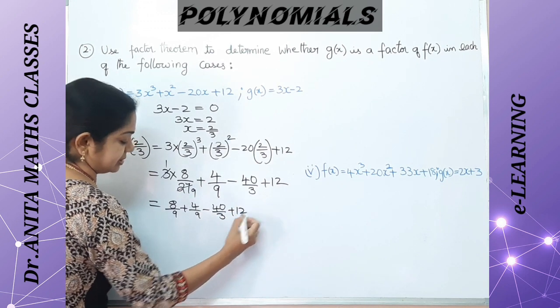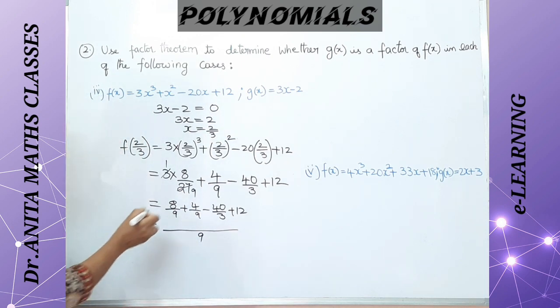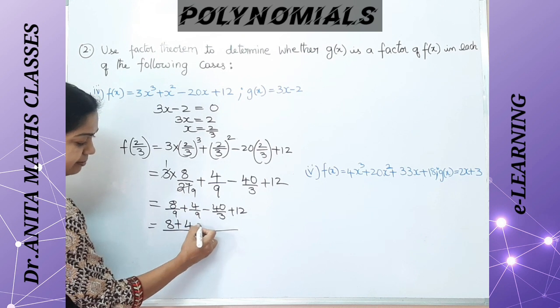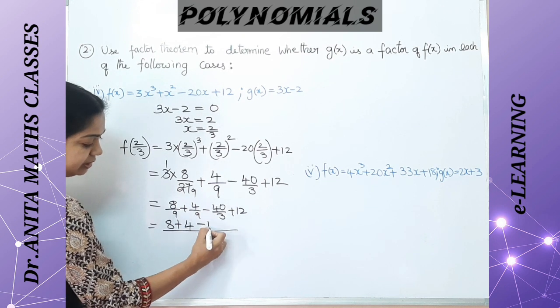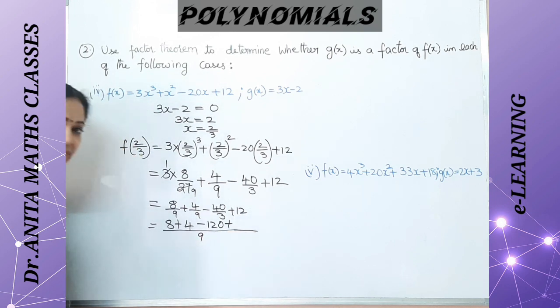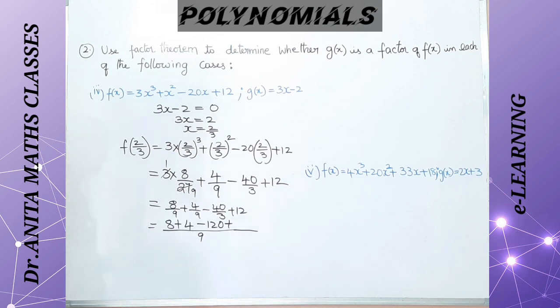We can take LCM, isn't it? We can take LCM as 9. So 8 here plus 4 here minus 3 threes are 120 here, plus 12 nines. When you are taking LCM, 12 means 12 by 1, that is a rational number, isn't it?